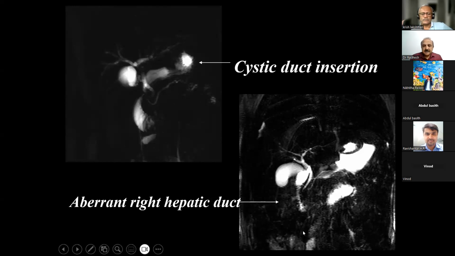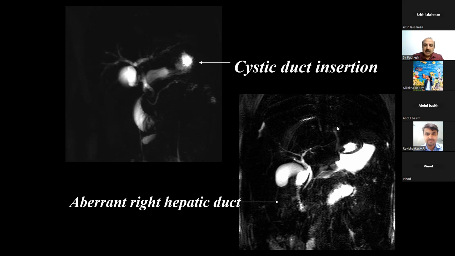So this is a 3D sequence, and I was telling you it becomes very difficult to differentiate a 2D from a MIP 3D. What is MIP? Maximum intensity projection. So we take all the sections of maximum intensity projections which we have acquired, and then we fuse them together, which is called the MIP image.